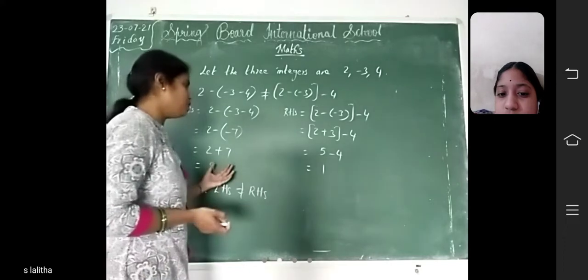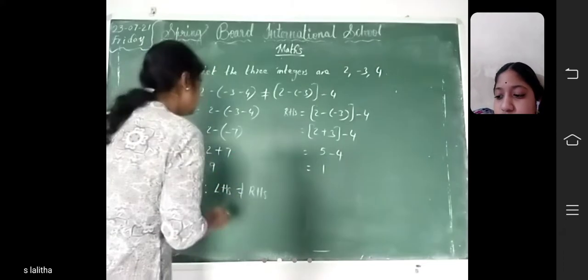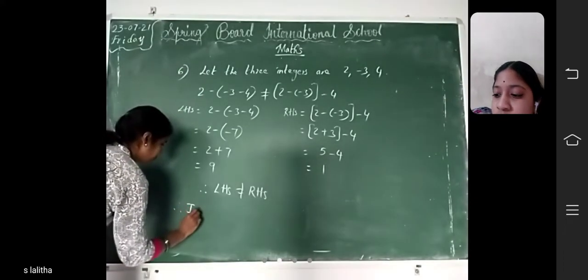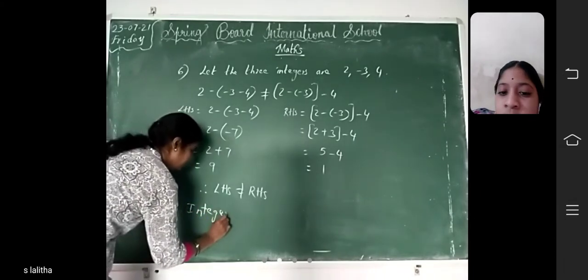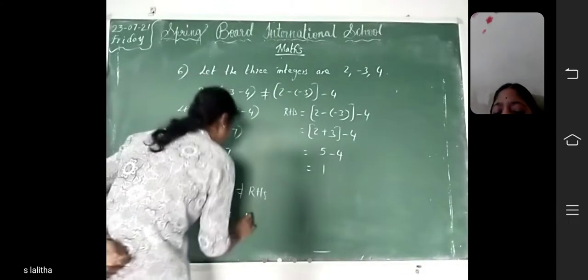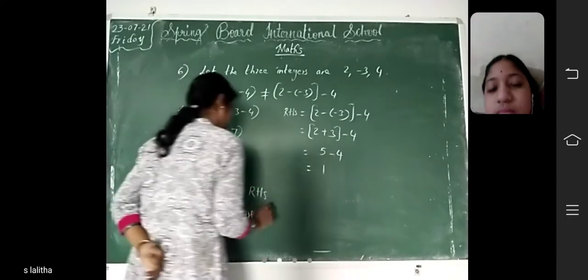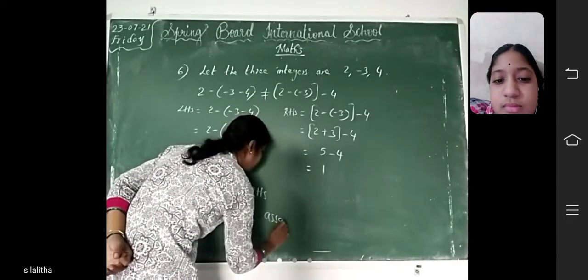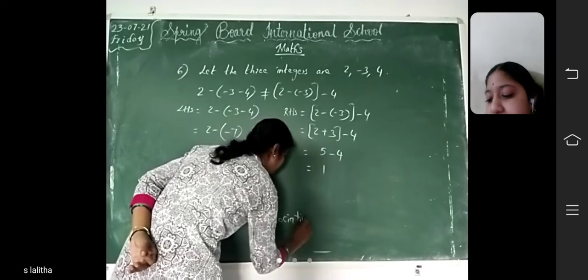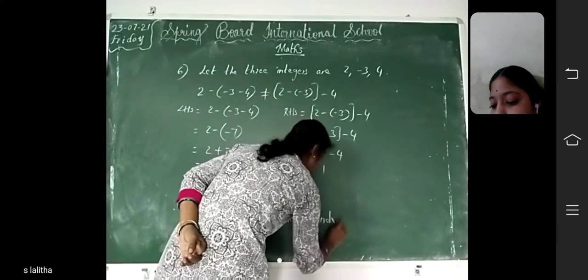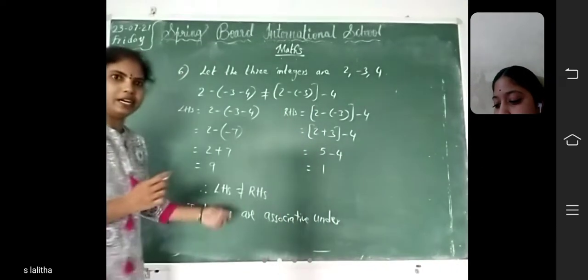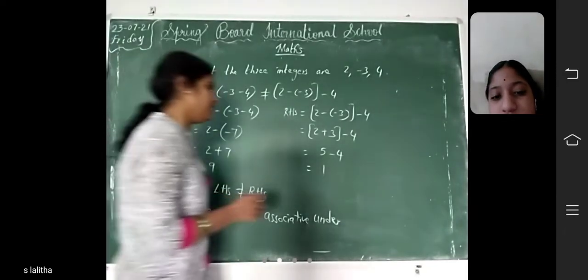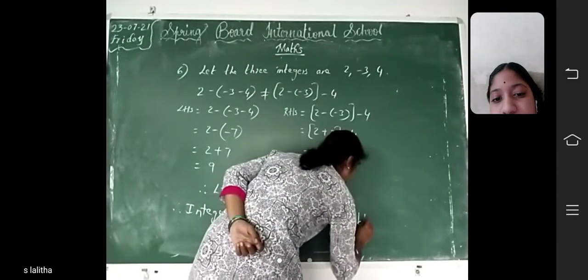So integers are not associative under which operation? Under subtraction.